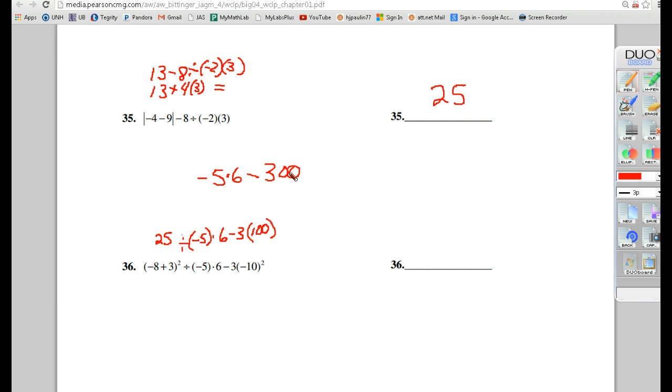Okay. So I do this multiplication. This is going to be a negative 30 and a negative 300. Gives me a negative 330. And that is correct. And that finishes this.